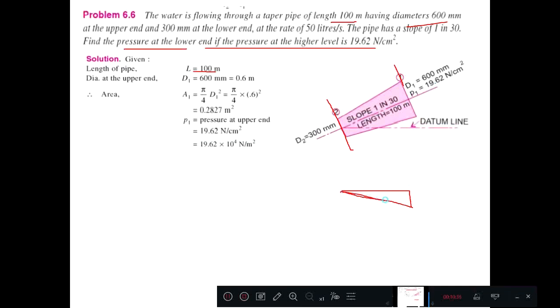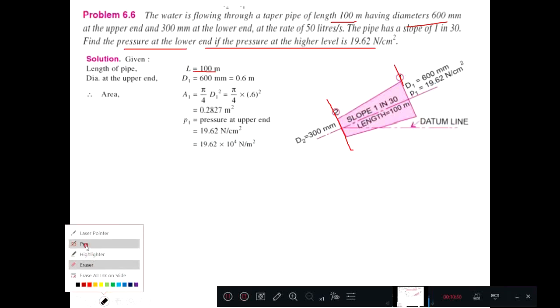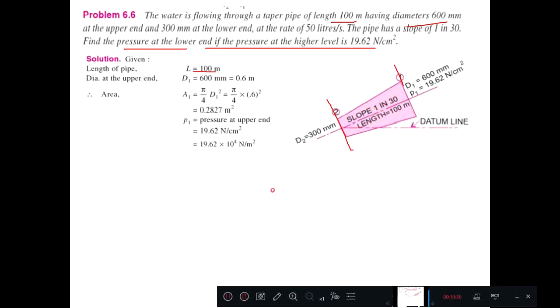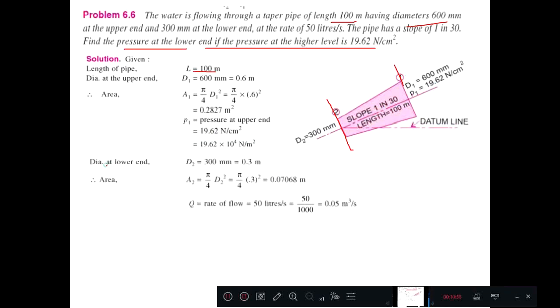So this is the length of the pipe. For every 30 meter length, 1 is the drop. So for 100 meter, the diameter at the lower end is given and you calculate the area.